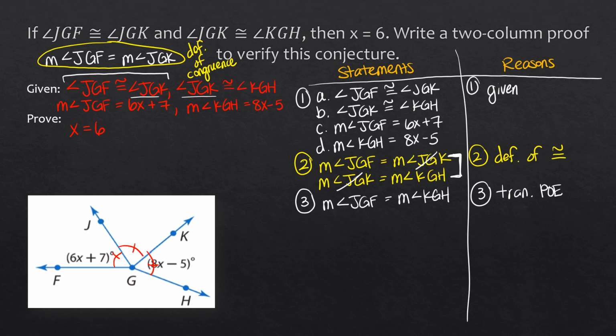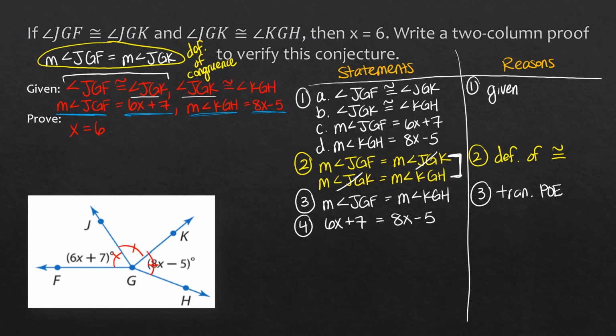Remember that we have these lines. I'm going to switch to blue here for a second. We have these lines. The measure of angle JGF is 6x plus 7. The measure of angle KGH is 8x minus 5. So here's where I'm going to take my expressions for those angle measures and plug them in or substitute them.